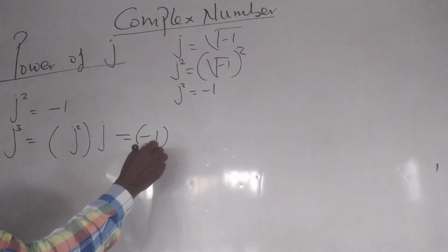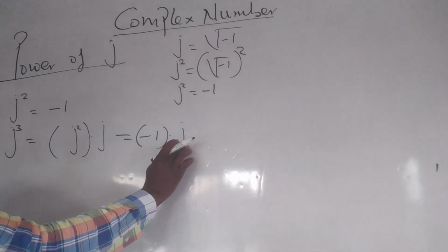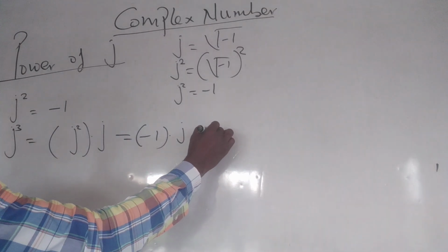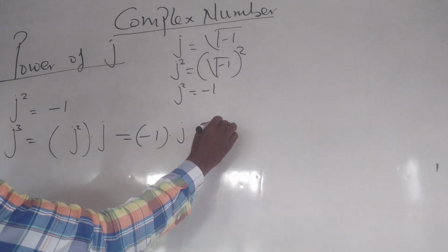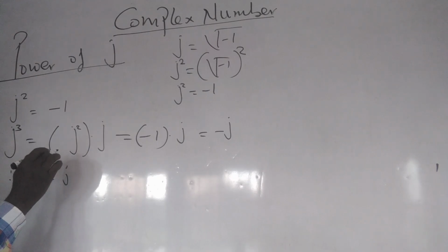I can put minus 1 dot J. So minus 1 times J, the answer is minus J. So that means you can easily say that J cube is equal to minus J.